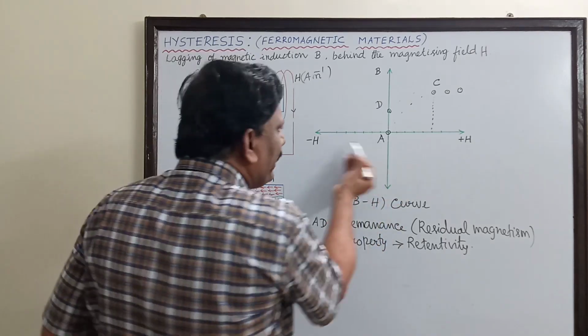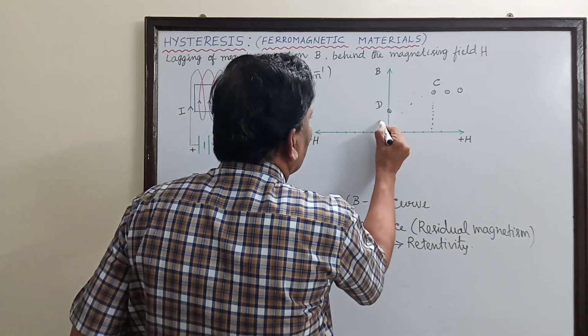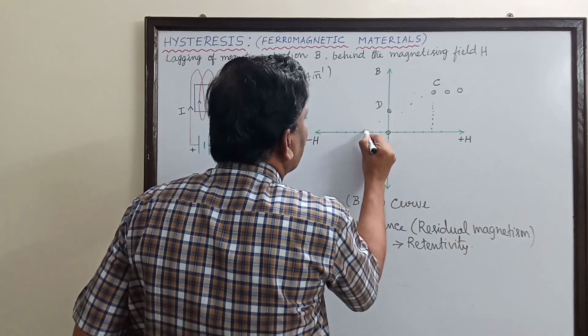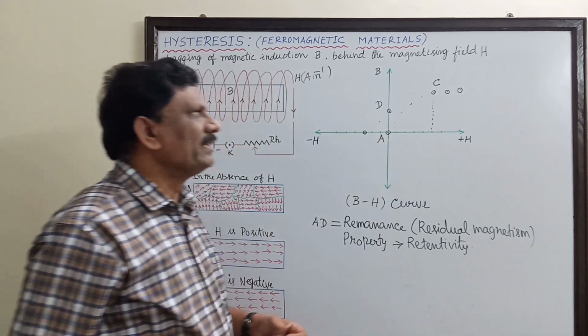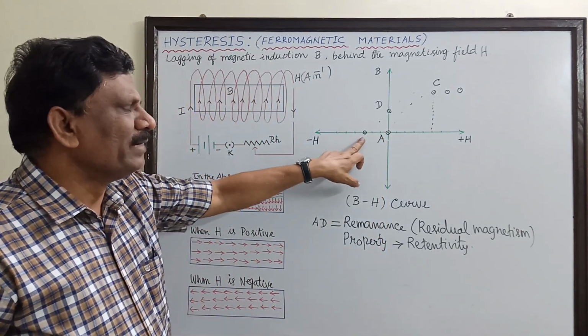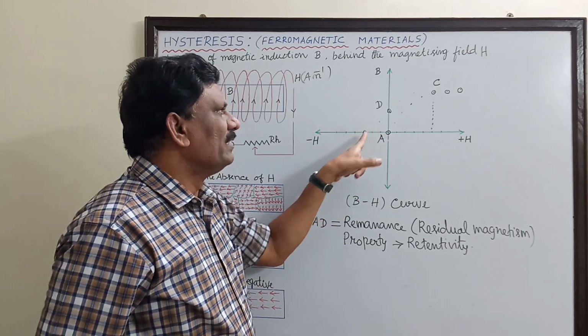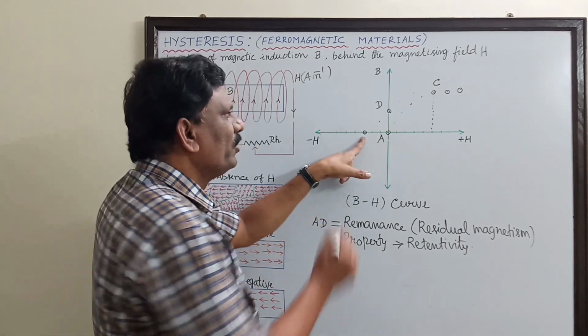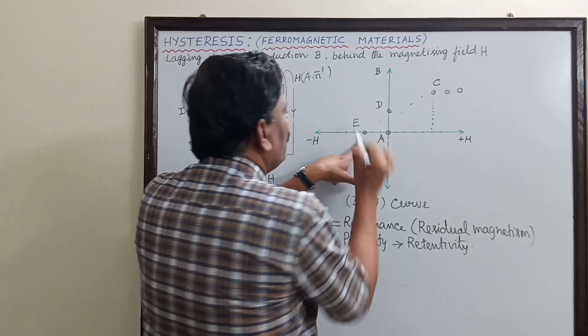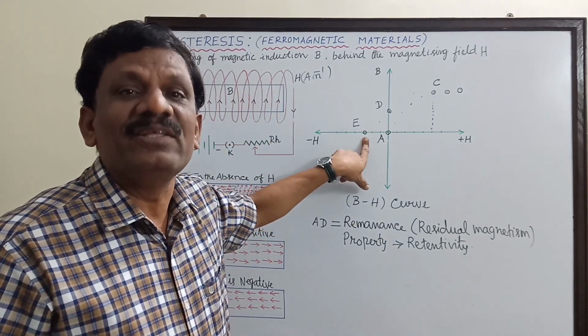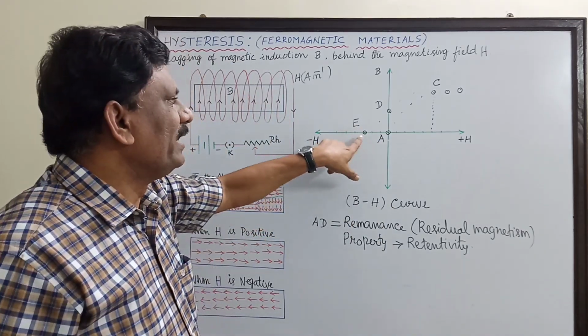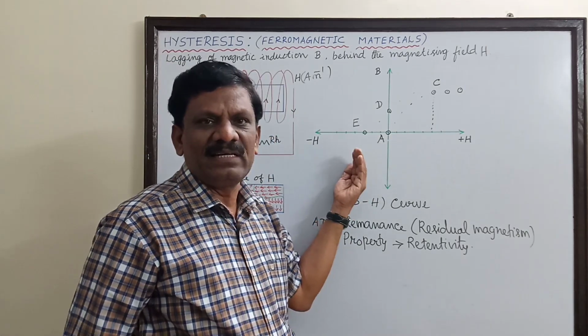So when I apply negative magnetizing field, now I find that it is coming like this. And at some negative magnetizing field, the point D has reached to new position E, at which the magnetic induction is 0. So the point E lies on the left hand side of this graph, is it not?